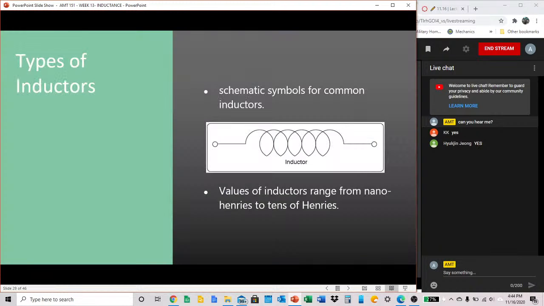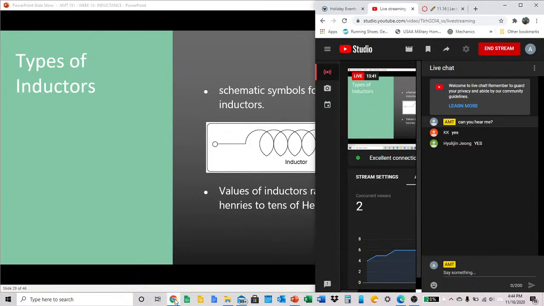Types of inductors. Here's your schematic symbol for an inductor. It's a drawing of your coil. You will see this symbol, the circle-y wire, and sometimes you'll just see these little bumps.